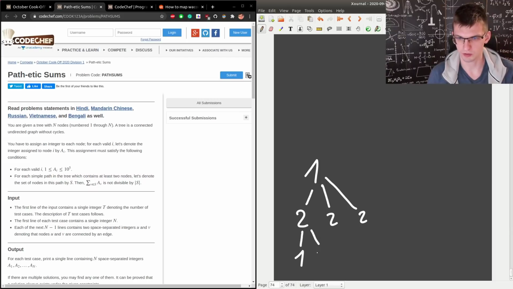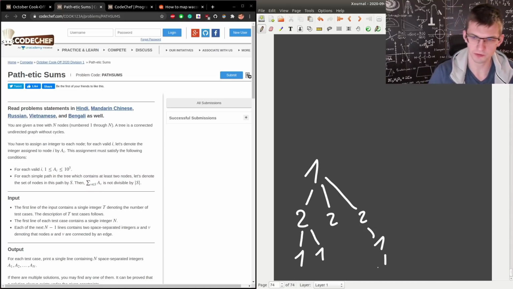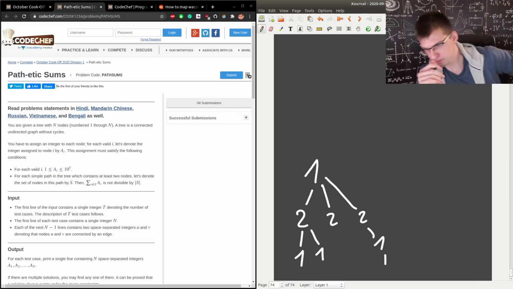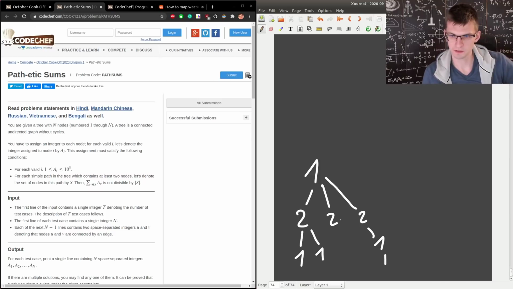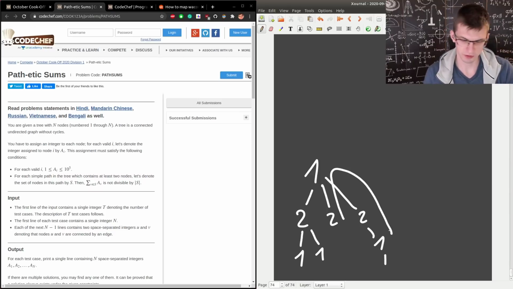Is this a good tree, no matter how many children I have? And then some fourth layer and so on and so on. This cannot be divisible by 4.